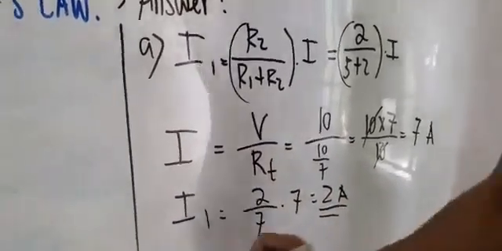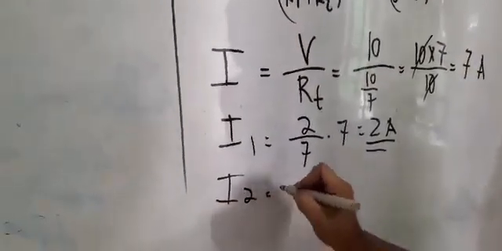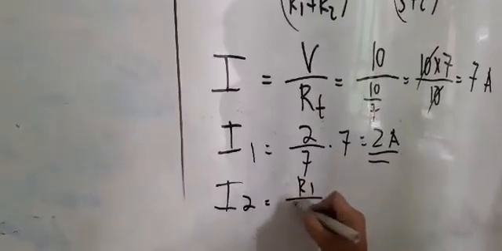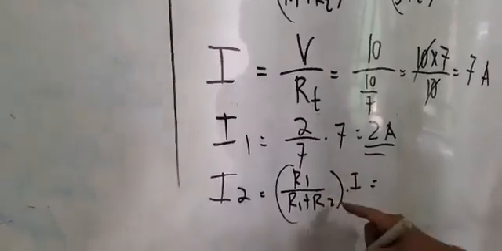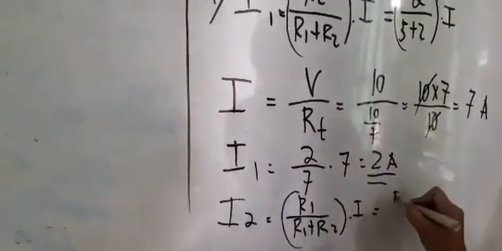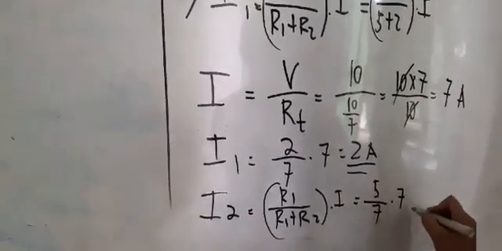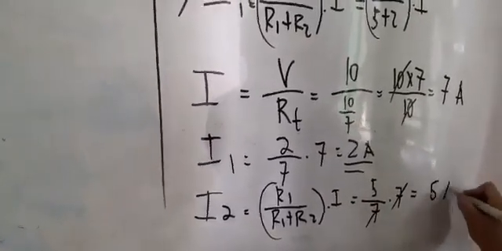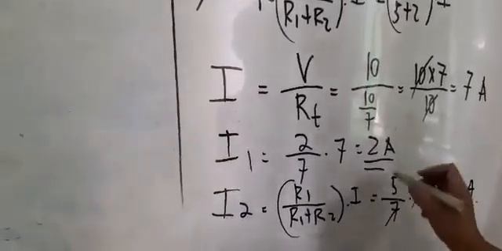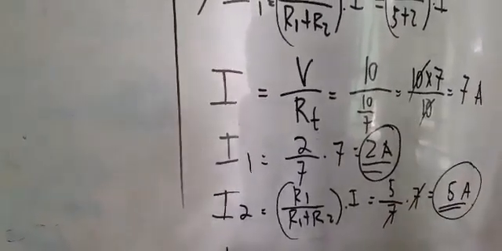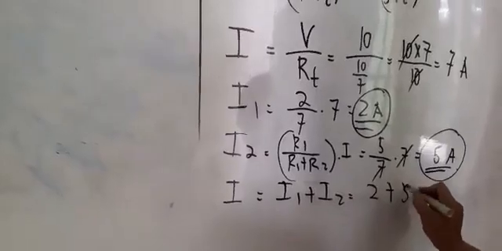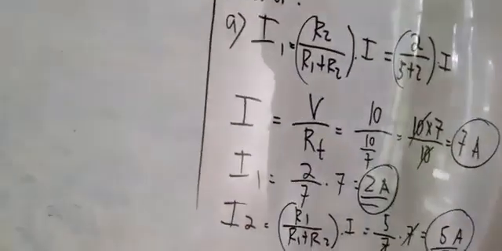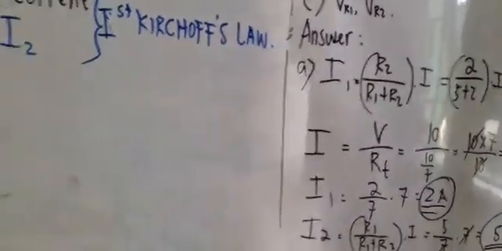And I2 is equal to that formula, R1 over R1 plus R2 multiplied by I, which is 5 over 7 multiplied by 7, equal to 5 amps. So the total current is I1 plus I2, which is 2 plus 5, equal to 7 amps, the same as the total current that flows through the circuit.